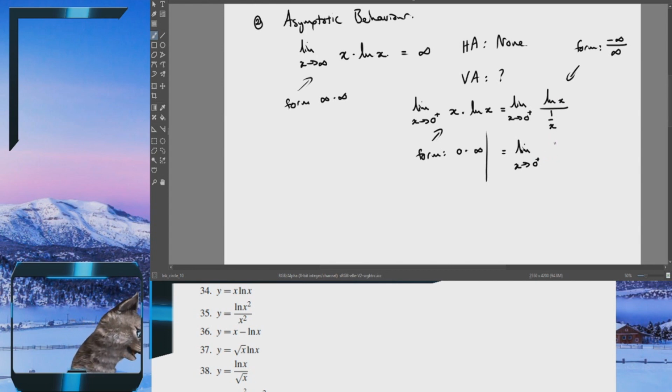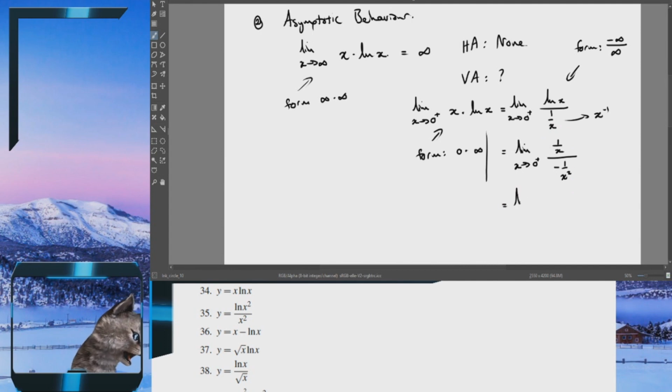Now, the derivative of log of x is 1 over x. The derivative of 1 over x, remember, I'm doing the derivative of x to the negative 1, which has as derivative negative x to the negative 2, like so.